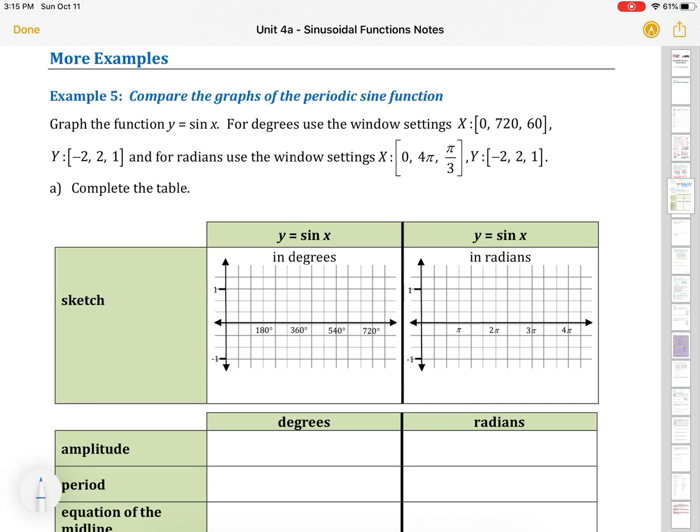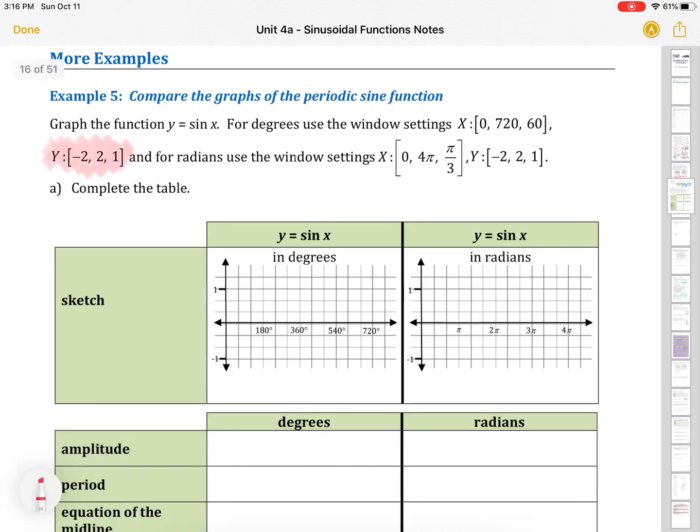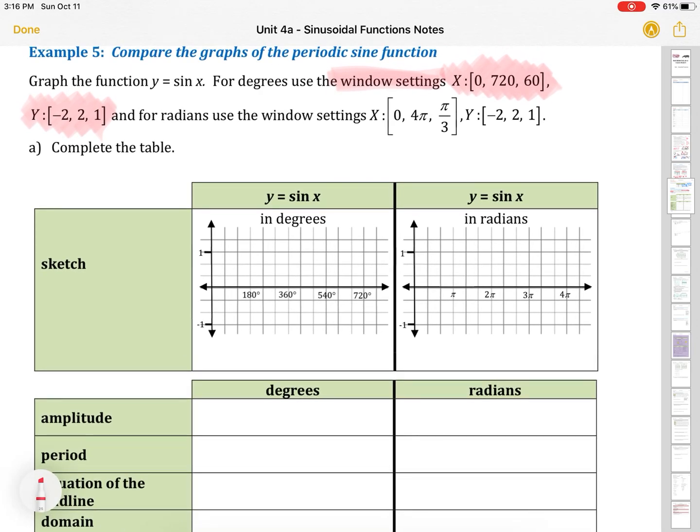We're going to put in 0 for our x min, 720 for our x max, and 60 for our x scale. For y, we're going to put in -2 for our y min, 2 for our y max, and 1 for our y scale. So these are our window settings. We're going to do it first with degrees, and then we'll go back and do it for radians.